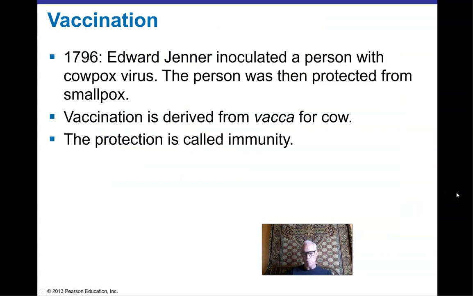Vaccination. I should probably speed up this whole discussion a little bit. Vaccination. Edward Jenner is credited with inventing the idea of vaccination. He infected someone intentionally with cowpox and demonstrated that they were then immune. Immune means not susceptible to infection with smallpox.